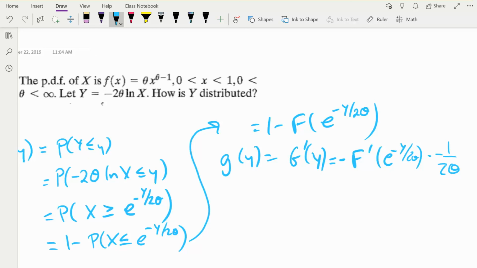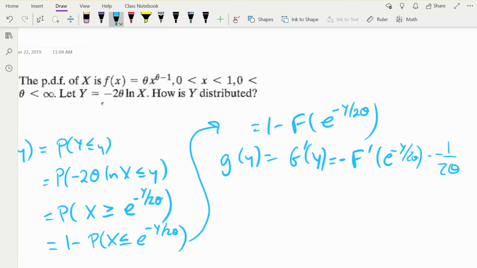So when we take the derivative, the derivative of the 1 is 0, right? So the minus stays there. We get capital F prime of the inside times the derivative of the inside with respect to y, which is negative 1 over 2 theta. Why is that?